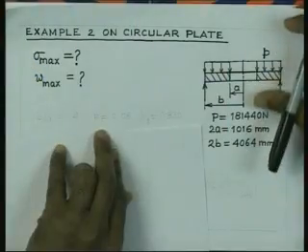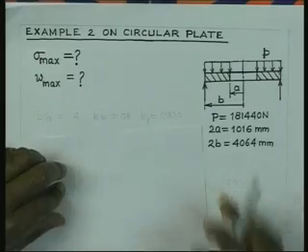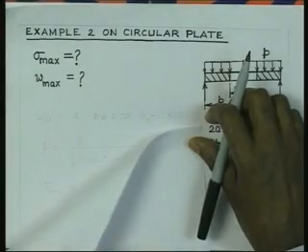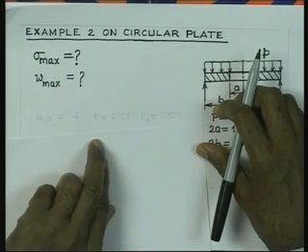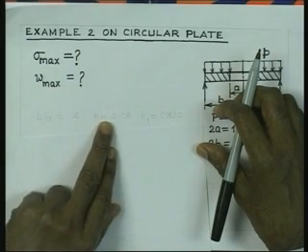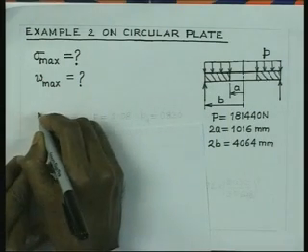So, if we have the ratio B by A, in this case 4, then the constants which are associated with the calculation of the stress and deflection. So, this is the constant which is associated with the calculation of stress.